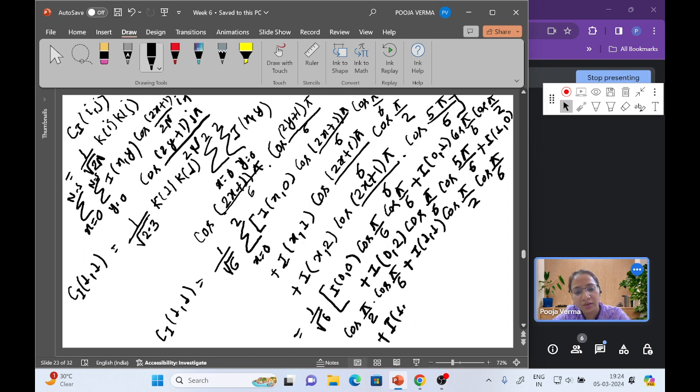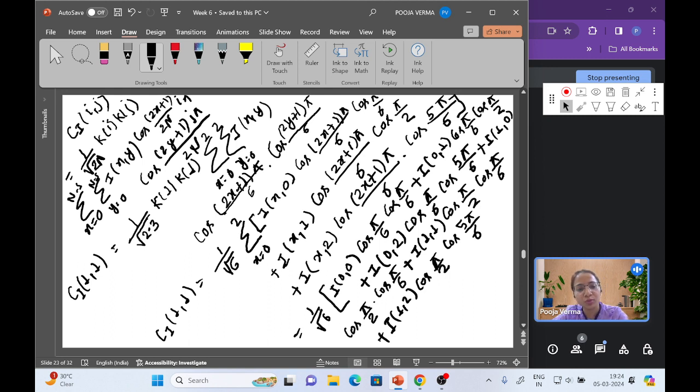I 1 comma 2 here. And again we will get, what we will get? 2x plus 1. So 2x is 2, so 3 pi by 6, that is cos pi by 2. And cos 5 pi by 6. Now we have put in x is equal to 0 and 1.